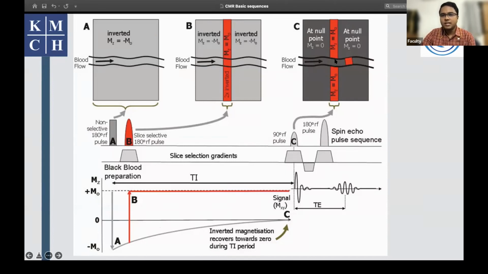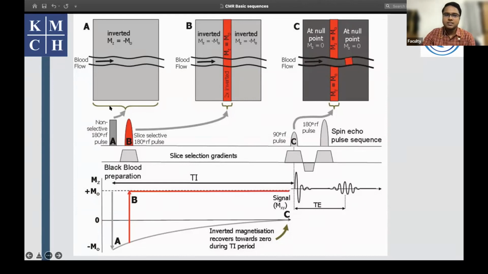At this point in time, the flowing blood will remove the blood that is present in the slice out of the imaging slice, whereas the blood which has experienced only one 180-degree pulse and is at the null point comes into the imaging plane. So this produces a more robust nulling of signal from blood compared to a simple spin echo sequence.